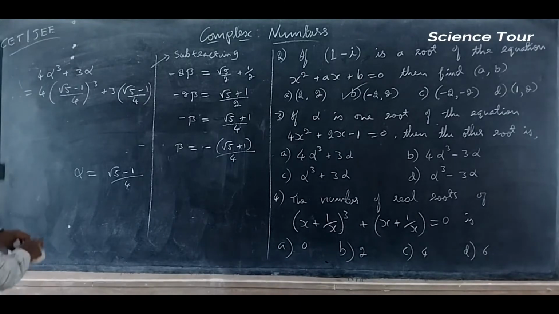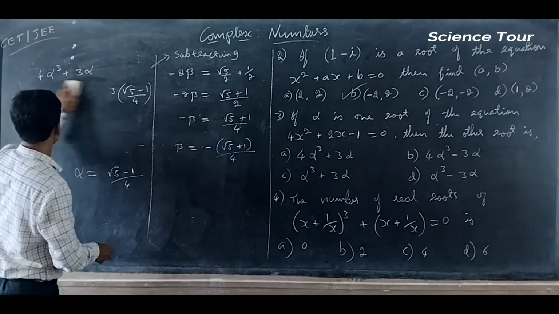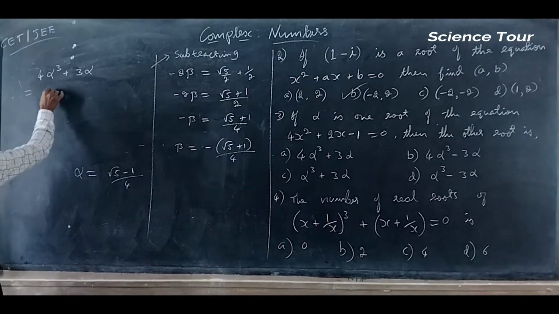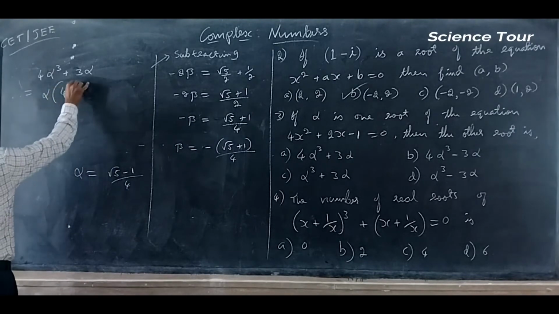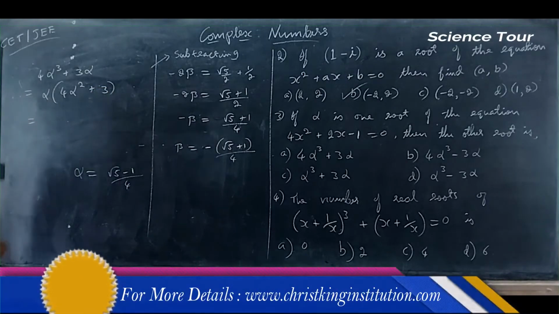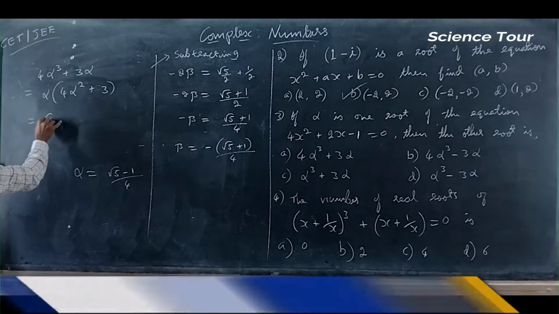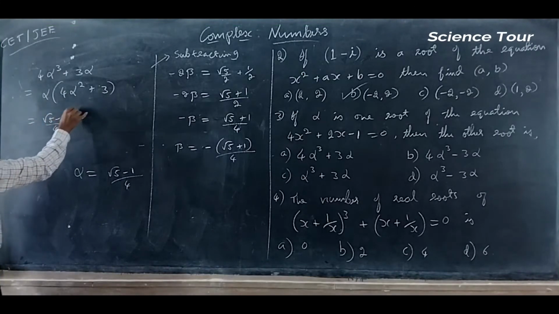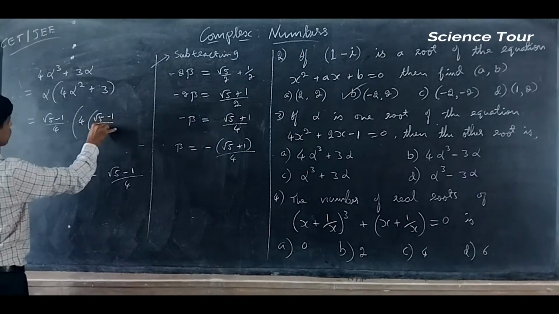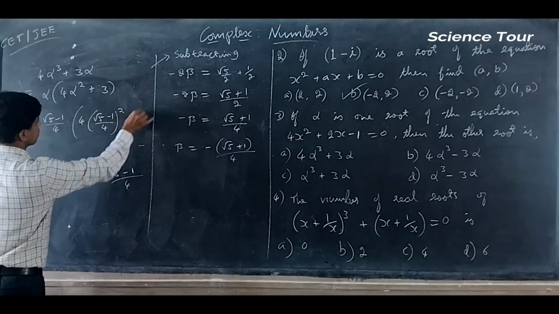Otherwise you could write this as, if I take alpha common, 4 alpha square plus 3. So multiplication will be easy. You don't have to use the a minus b whole cube formula. Okay. So this is root 5 minus 1 divided by 4 and then 4 into root 5 minus 1 divided by 4 the whole square plus 3.